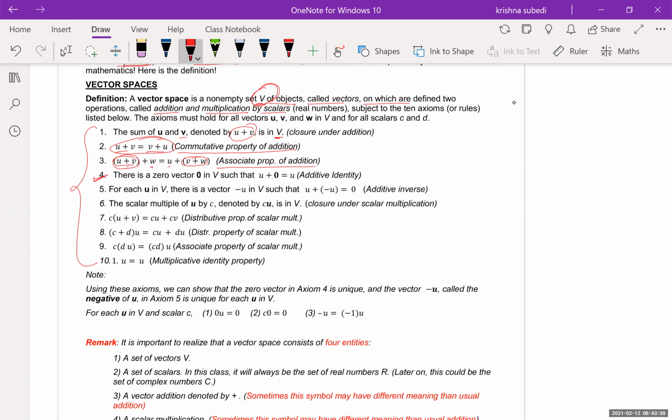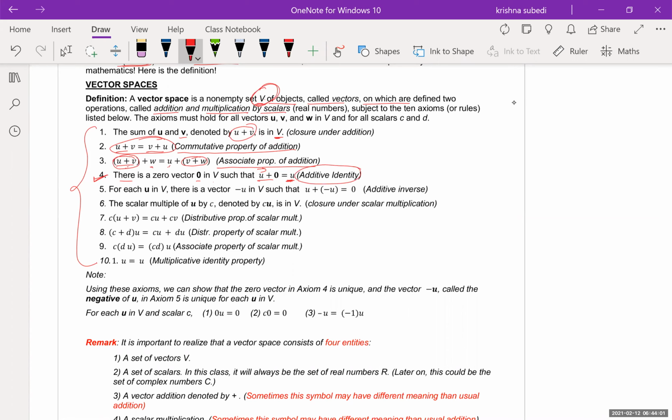Axiom number 4: there is a zero vector 0 in V such that u plus 0 equals u. If you add 0 to a vector, it doesn't change that vector. It will remain the same. We call it the additive identity.